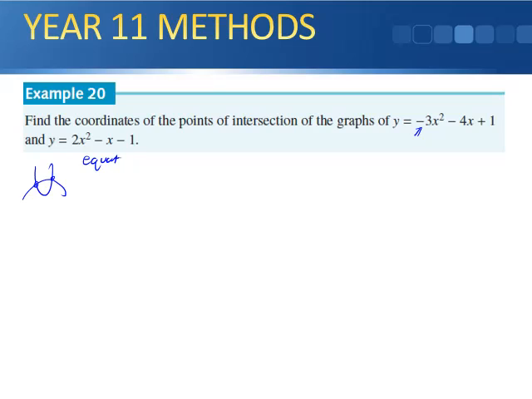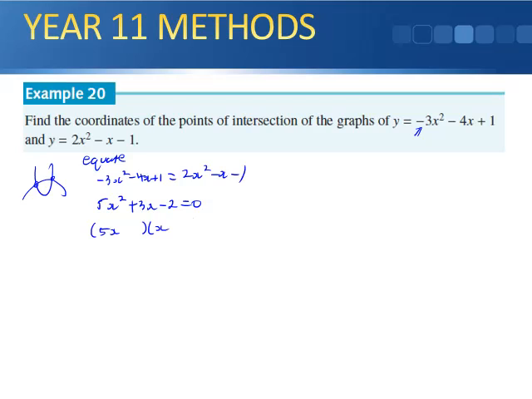Again, point of intersection, we can equate, and we get negative 3x squared minus 4x plus 1 equal to 2x squared minus x minus 1. Bring them all over, I'll make them positive, so I get 5x squared plus 3x minus 2 equals 0.